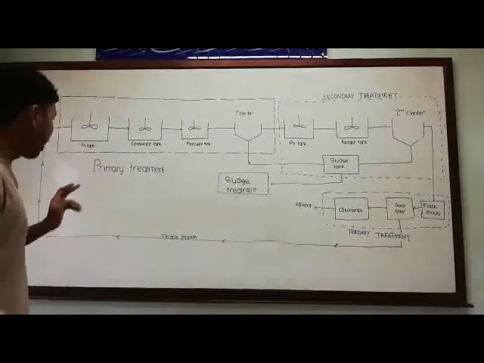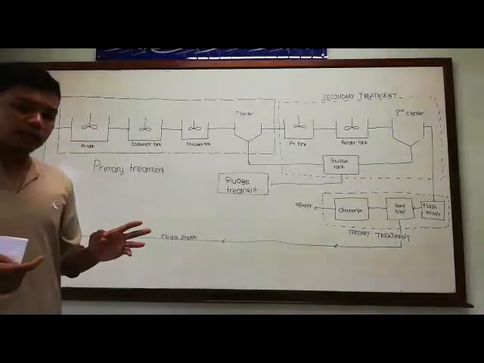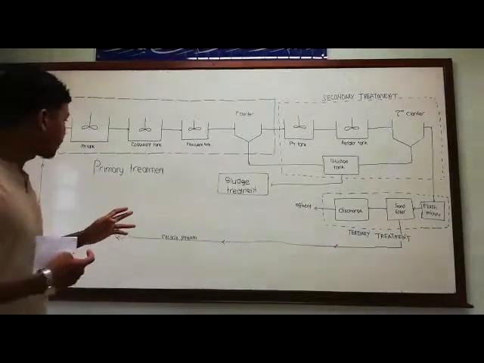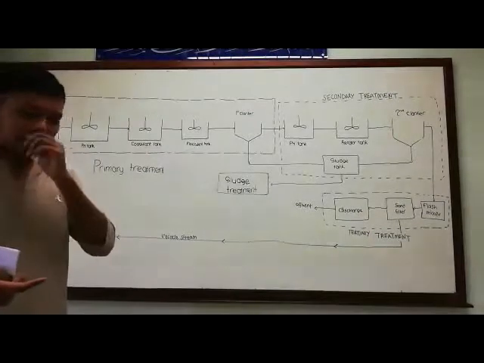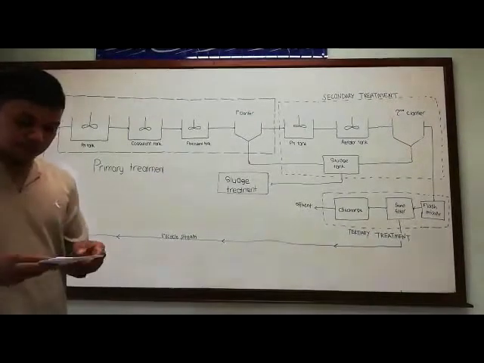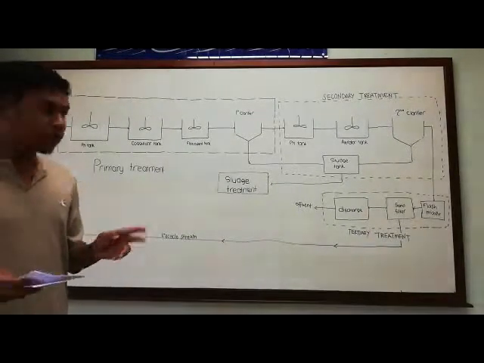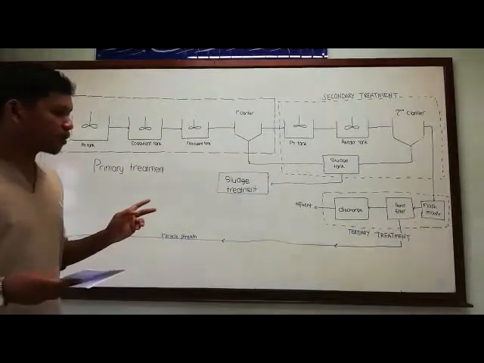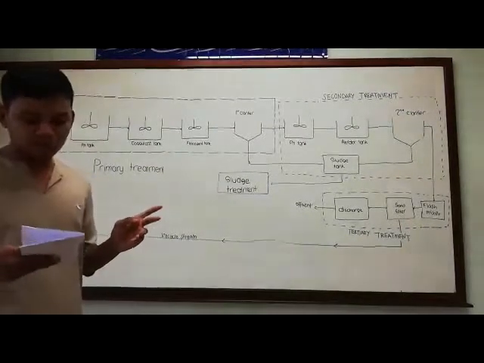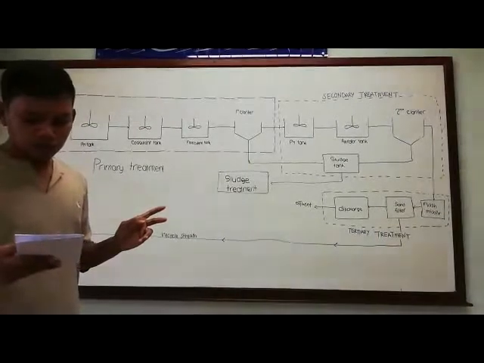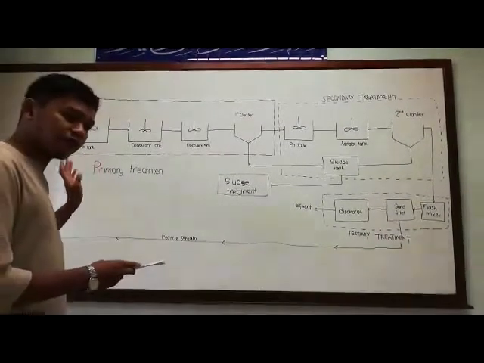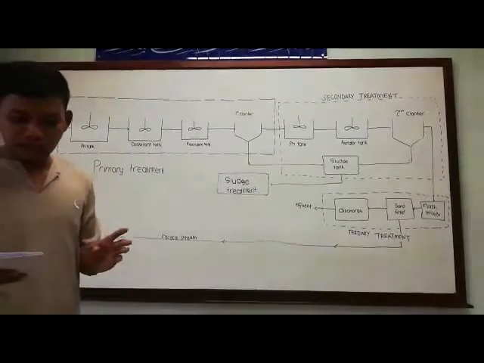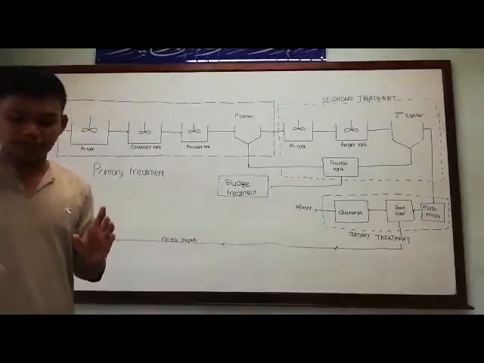After the coagulant tank, the wastewater will proceed to the flocculant tank. The flocculant tank serves to bring together the particles that were formed from the previous coagulant process and produce flocculation.